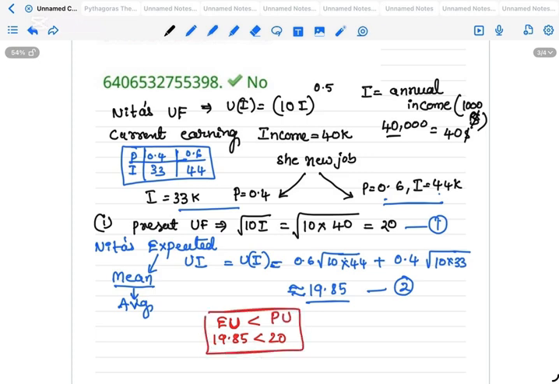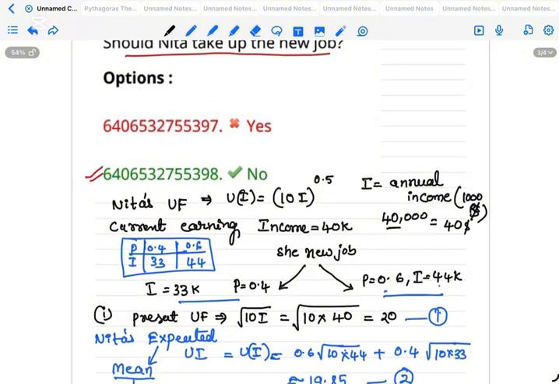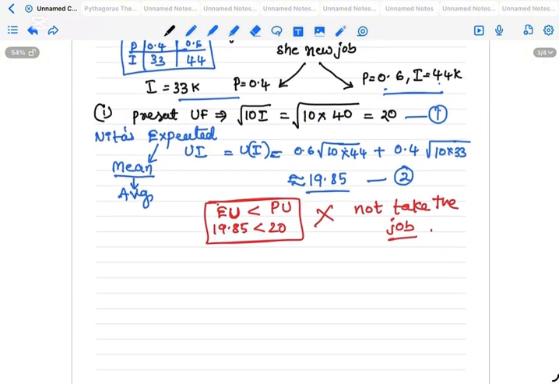Based on this condition, she does not take the job. So should Nita take up the new job? The answer is no, because the expected utility is less than the present utility.